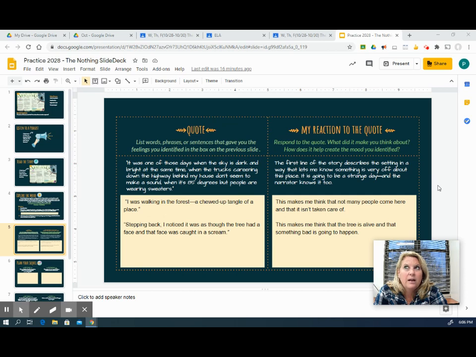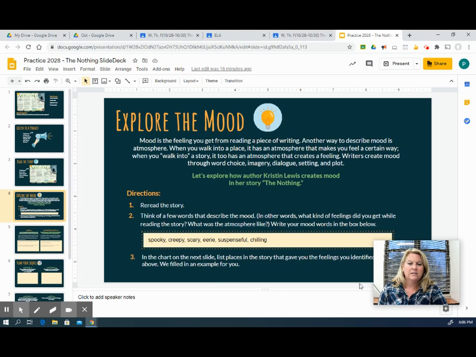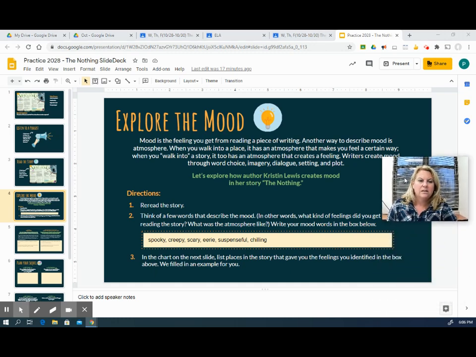So what we're trying to do is identify how that mood was created, because word choice and imagery and all of those things on the slide ahead contribute to the mood. It says in the chart on the next slide, list the places in the story that gave you feelings you identified in the box above.